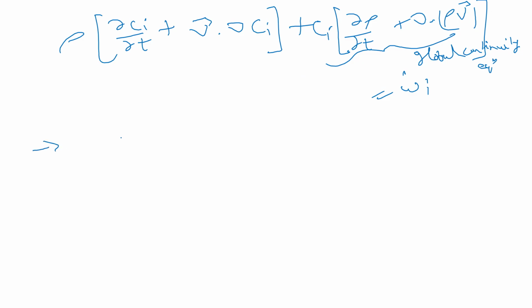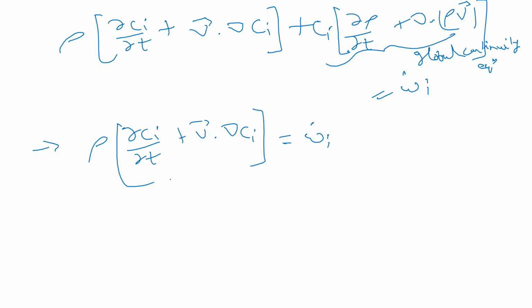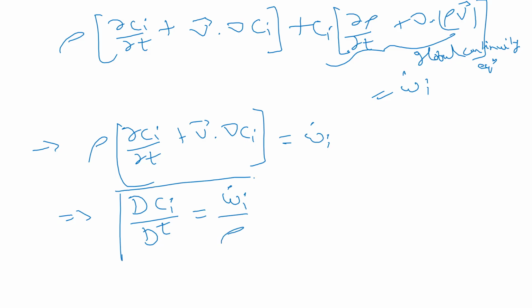So our equation will be rho times del Ci by del t plus V dot del Ci equal to wi dot. This is nothing but the substantial derivative, dCi upon dt equal to wi dot upon rho. This is also one form of the species continuity equation.